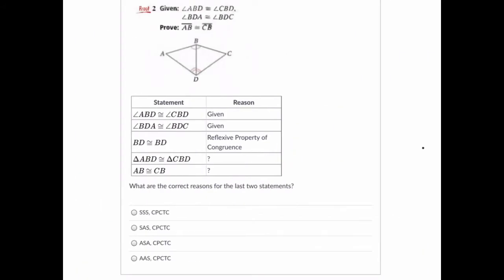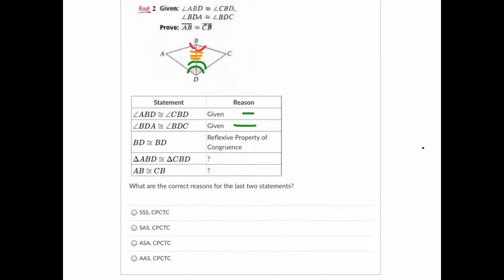All right, this next one comes from your practice, and it says that given that angle ABD is congruent to angle CBD, and angle BDA is congruent to angle BDC, they want us to prove that side AB is congruent to side CB. So we'll just mark our stuff in here. So this angle is congruent to this angle, and this angle here is congruent to this angle there. And all of that information has been given to us. We can also prove that this side, BD, is congruent to itself because of the reflexive property.